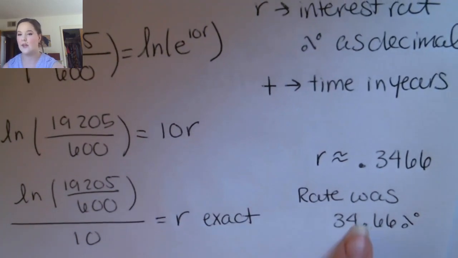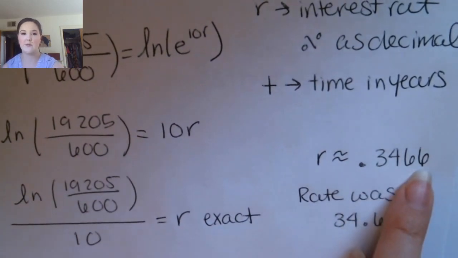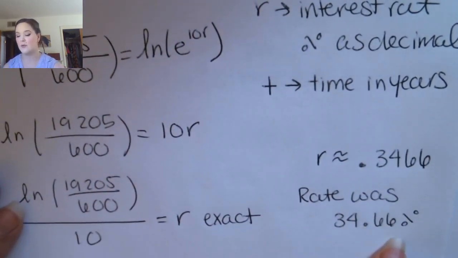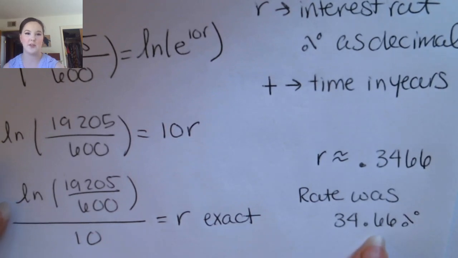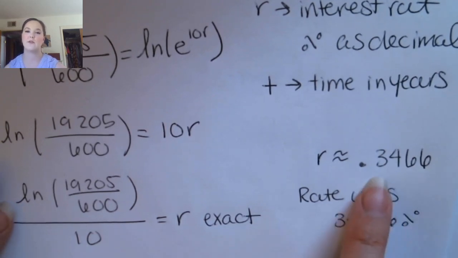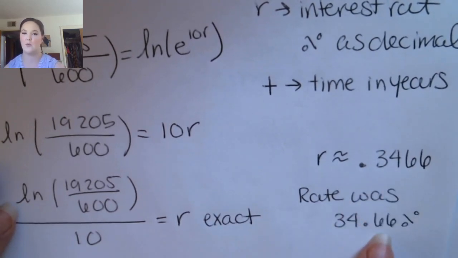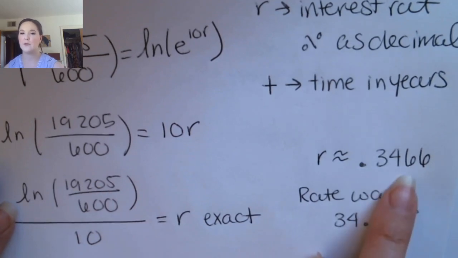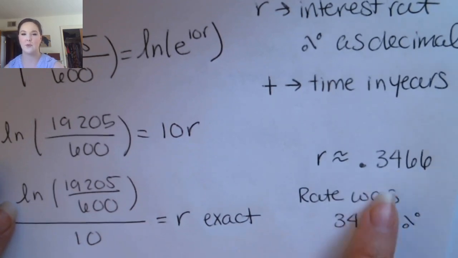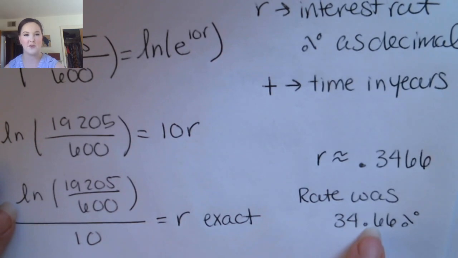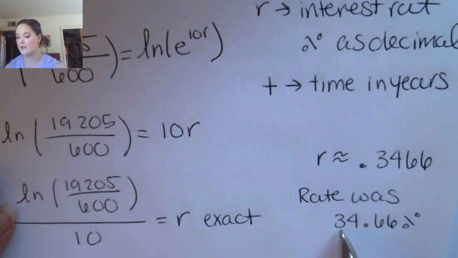And you can see that's why I rounded to 4 decimals here, because when you change it to a percent, you end up with 2 decimal places. You could also round to 3 decimal places here and end up with 1. But if you round too early, if you round this to 2 decimal places, then your percent is not going to be super accurate. So we see the interest rate was 34.66%.